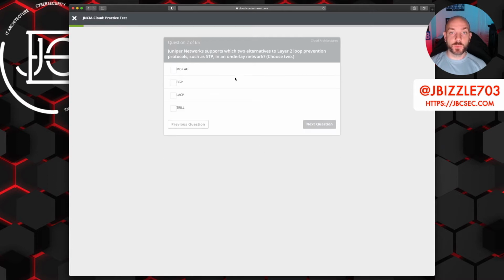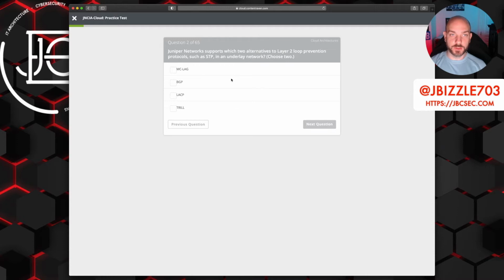Juniper Networks supports which two alternates to Layer 2 loop prevention protocols, such as spanning tree, in an underlay network? So instead of using spanning tree, what can we do on underlay networks?